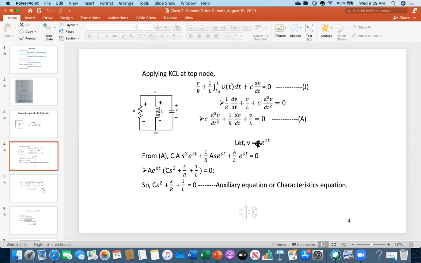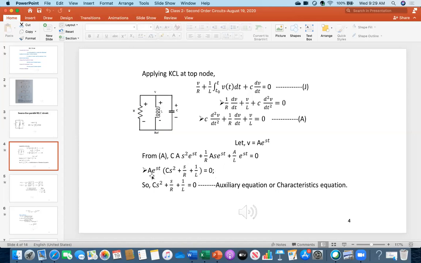This is 1 over R, and because of dv by dt, you take the time derivative, so s e to the power st. And then this is 1 over L and A e to the power st. From here, everybody see there is one common factor, which is A multiplied by e to the power st. So here C s squared plus s over R, and then from here 1 over L, that equals 0.